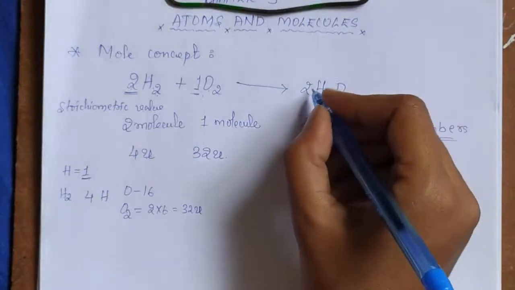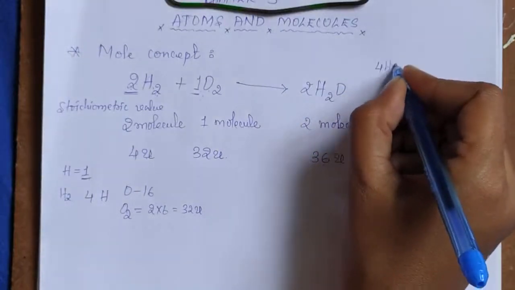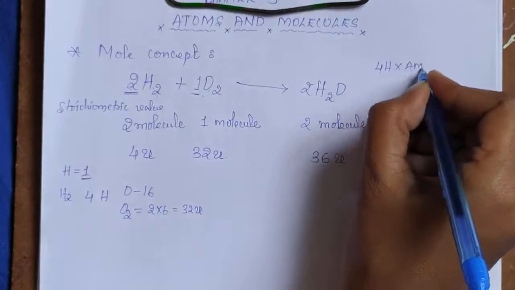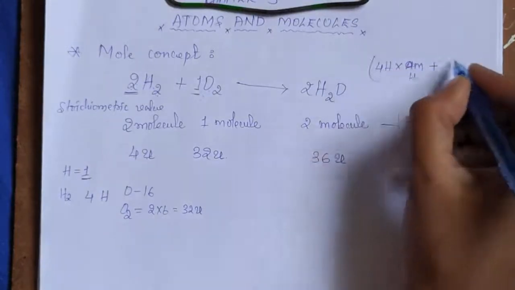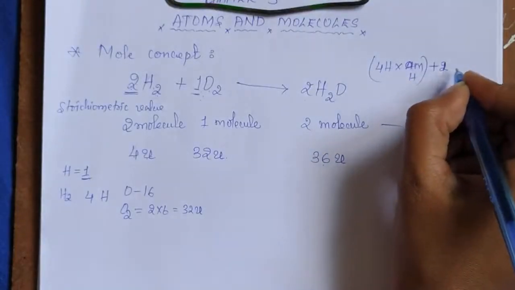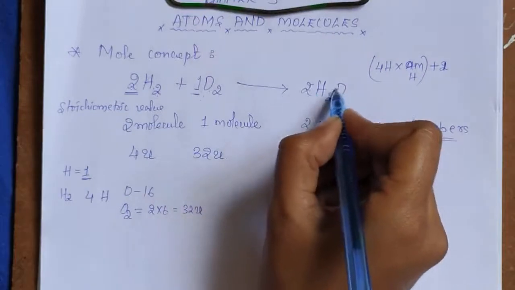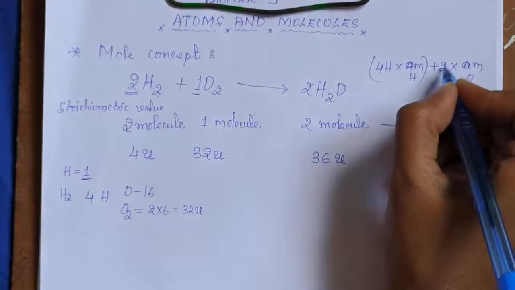Children, see here, how many? 4 hydrogen. 4 hydrogen into the atomic mass of hydrogen, plus 2 oxygen into the atomic mass of oxygen.